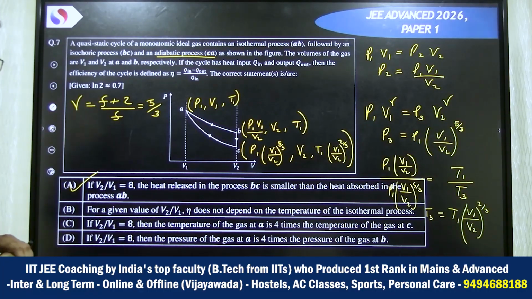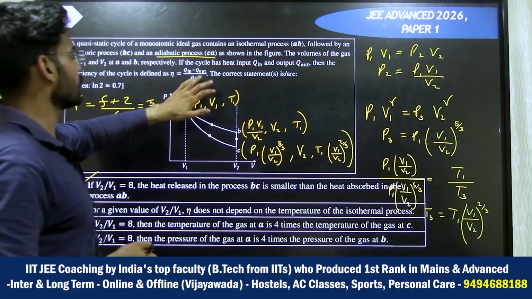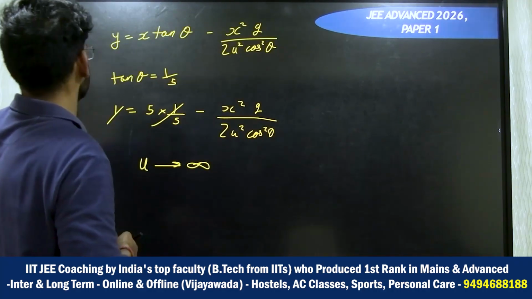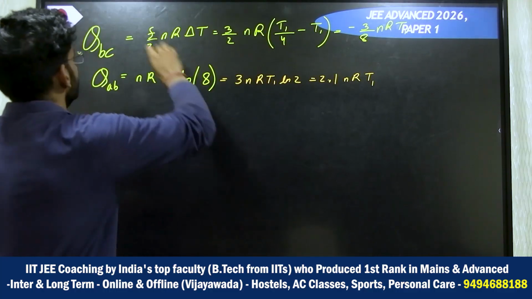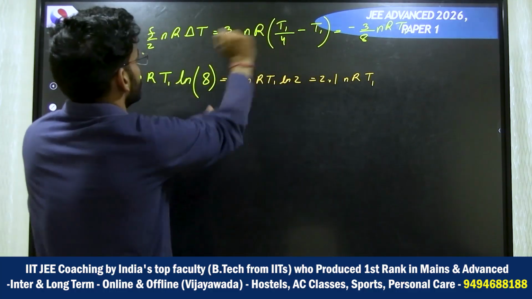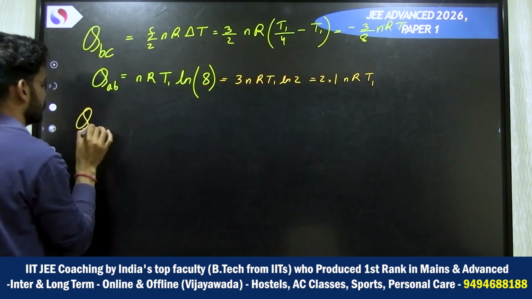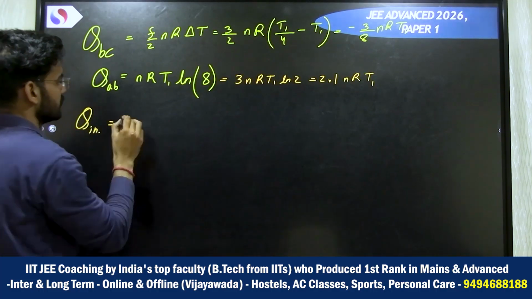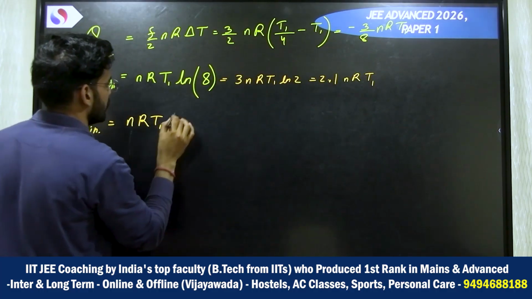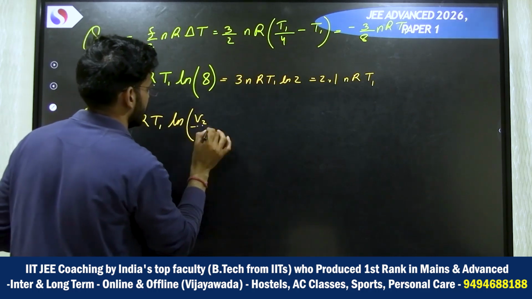If you see here, eta is what? Q in minus Q out divided by Q in, right? Q in is the Q of AB, that is nRT1 ln of V2 by V1.